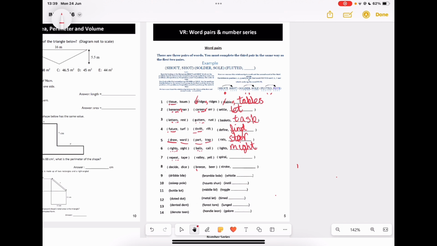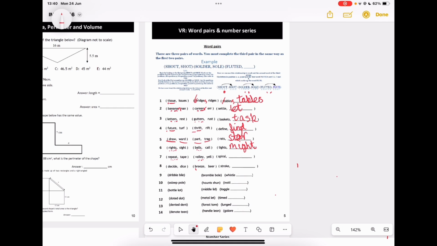Yell is taking the last, then the second, so that's the same. And then it's also taking the third, and then it's taking the fourth. So that confirms our pattern. So with spiral, our last letter is going to be L, and then it's going to be A, then I, and then R. So the answer is lair.